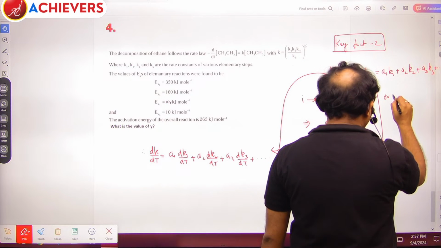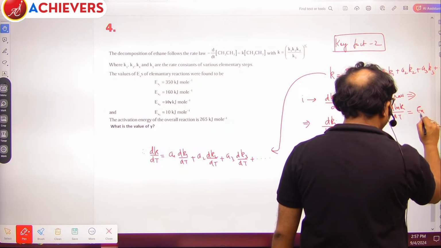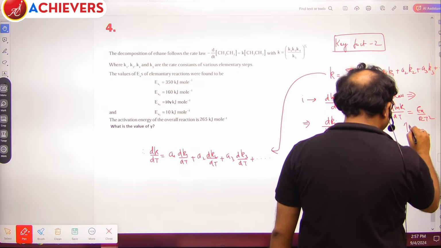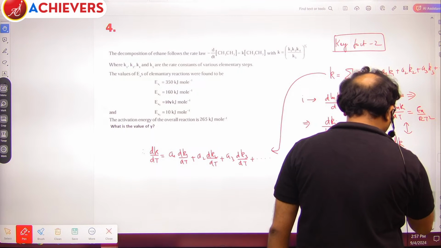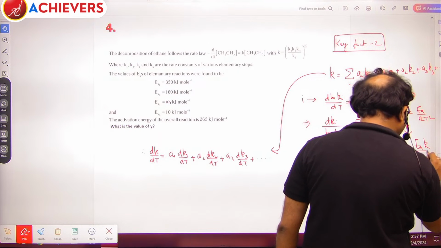Again, for overall also we know that d ln k by dt equals Ea by RT square. So similarly you can say that d overall k by dt equals Ea multiplied by K by RT square.